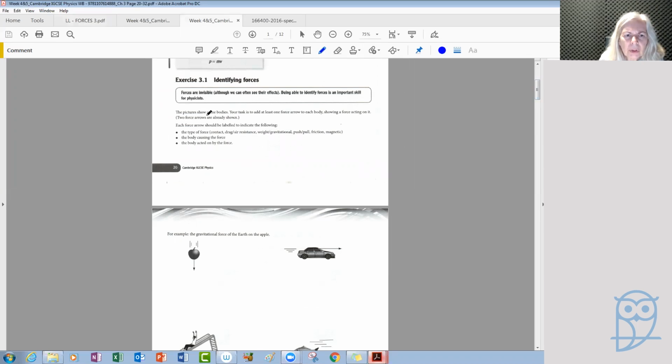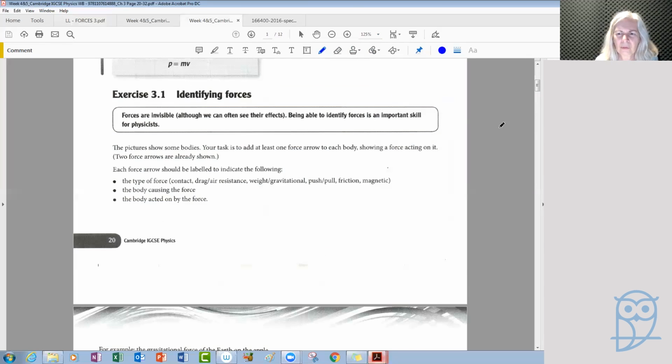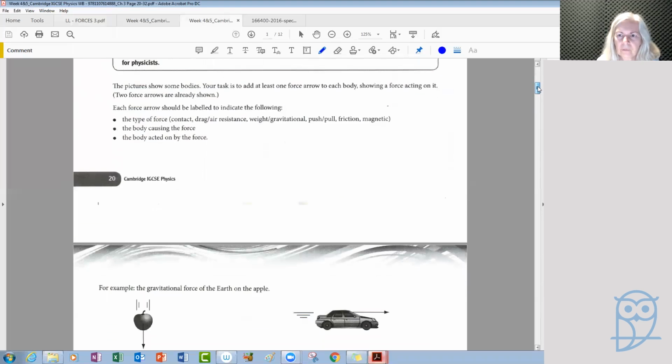The pictures show some bodies. They mean the pictures here in the next page. Your task is to add at least one force arrow to each body, showing a force acting on it. Let's make it a bit bigger because it might be too small for you to read the fine print here. So here is a problem in the previous page too.